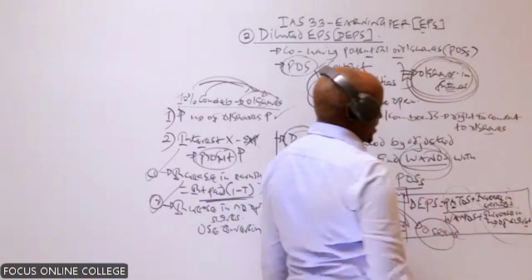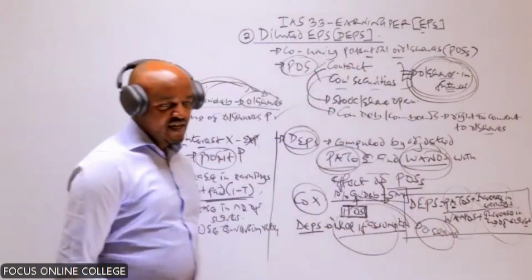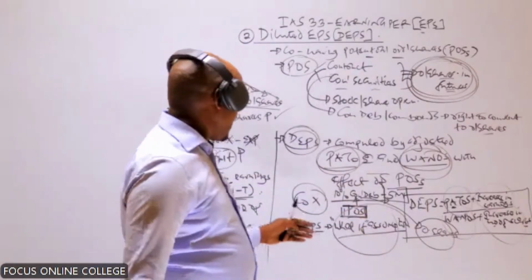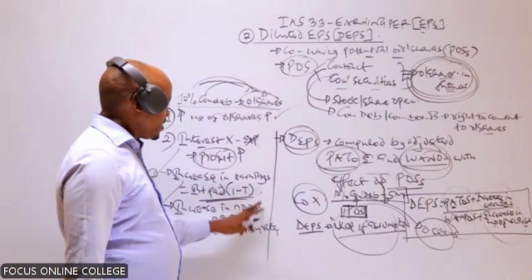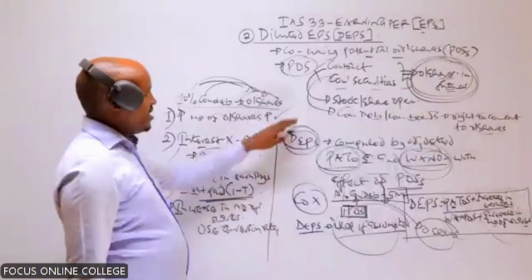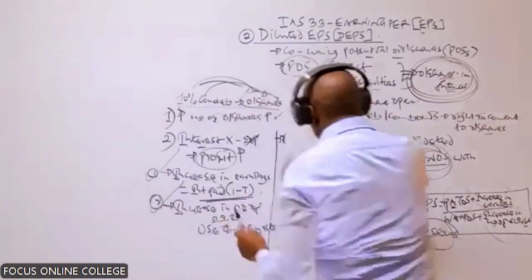To the number of shares also we add the increase in number of shares, which we will have computed there. That's basically how we compute the diluted earnings per share. But now I want us to look at how we compute these two items, increase in earnings and increase in number of shares, in relation to different types of potential ordinary shares.